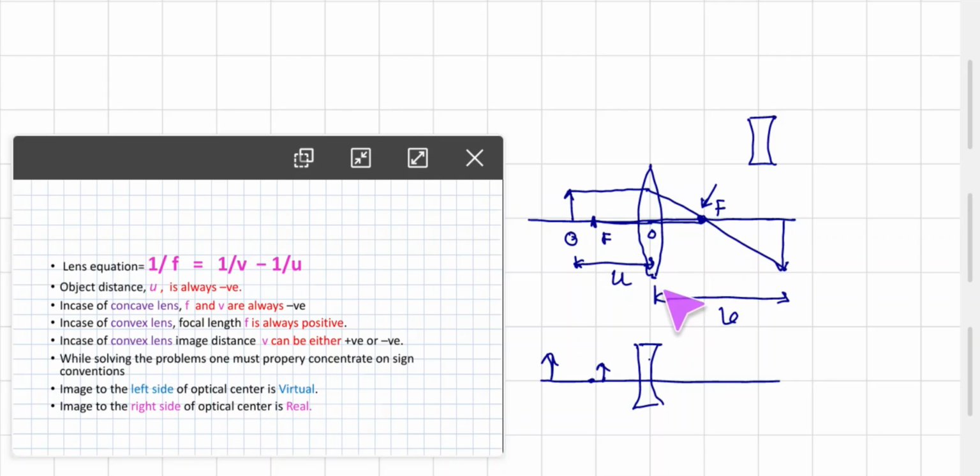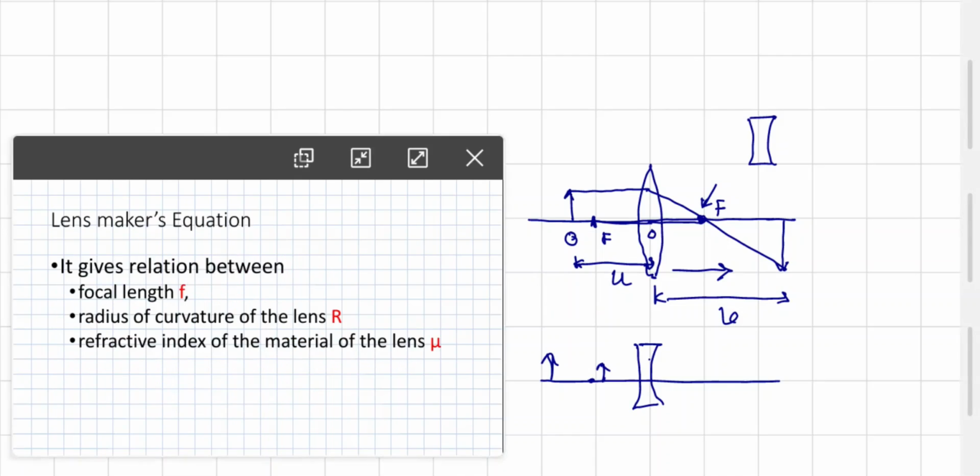The image which is to the right hand side of the optical center is called a real image, and the image formed to the left hand side of the optical center is called a virtual image, that you remember.